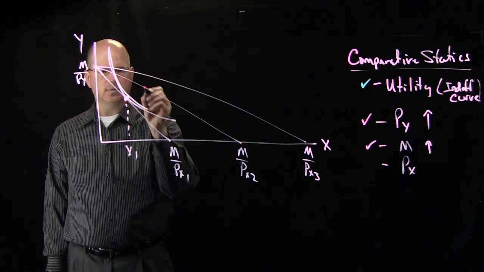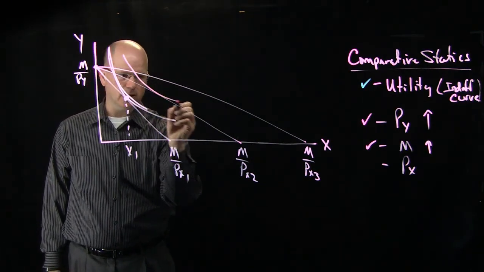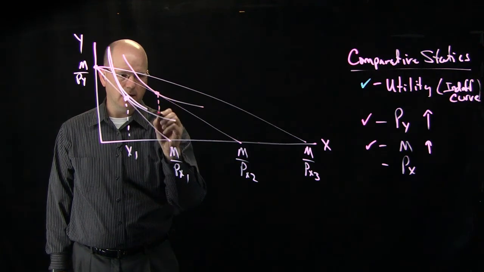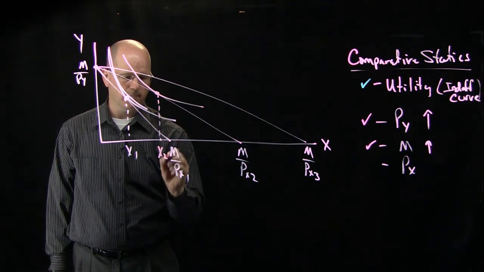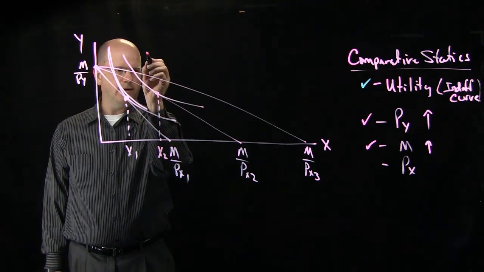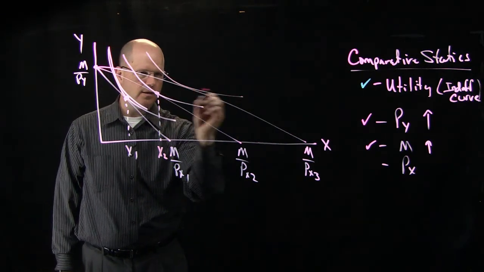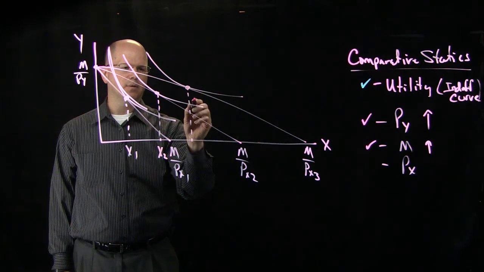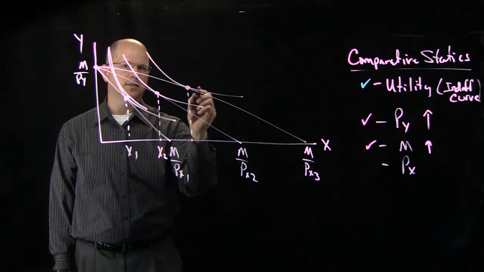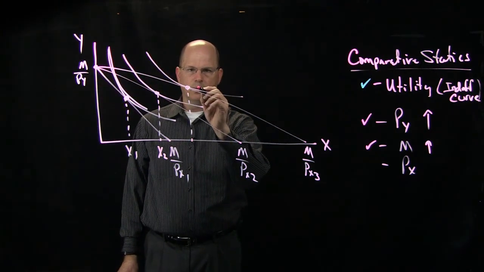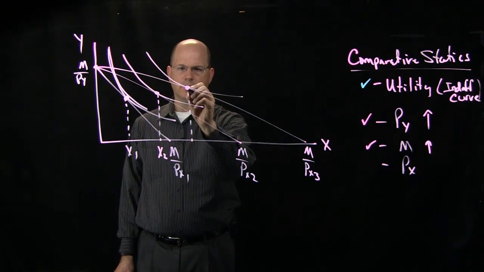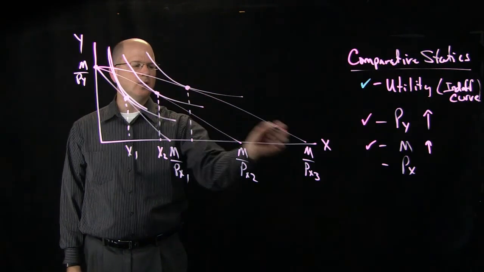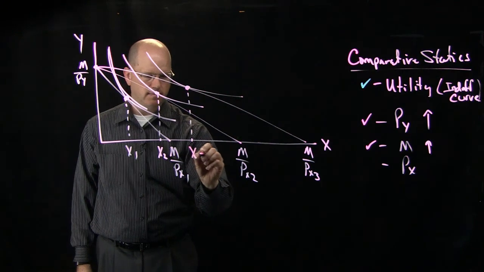And then the next one, again, indifference curves cannot cross. And finally, here. Again, we're maximizing utility subject to the budget constraint. We're finding the point where the indifference curve is just touching the new budget constraint. Okay?